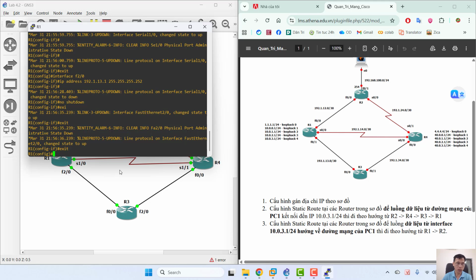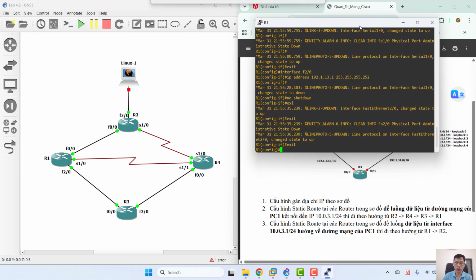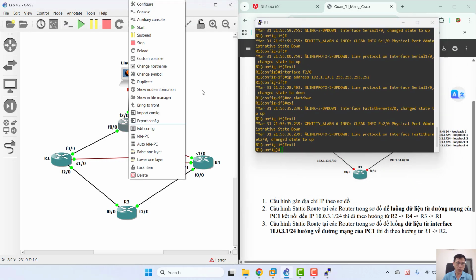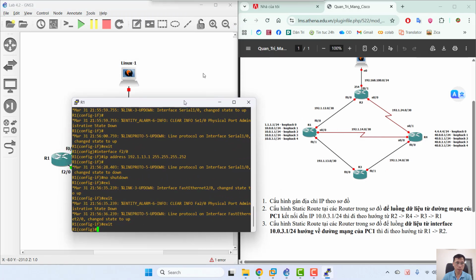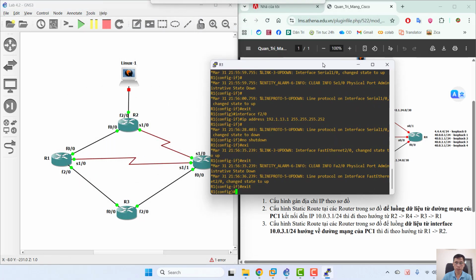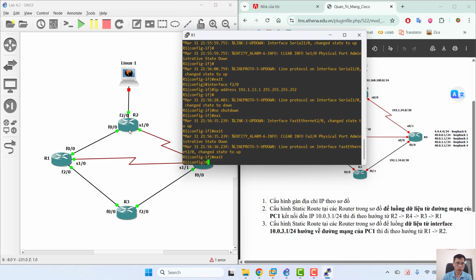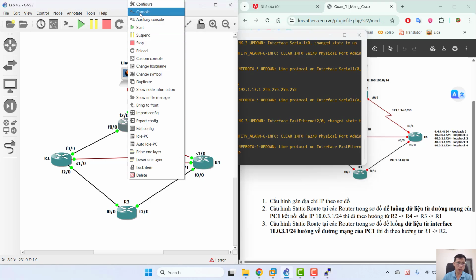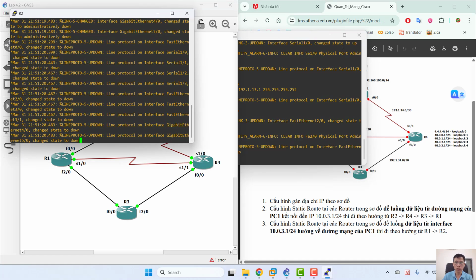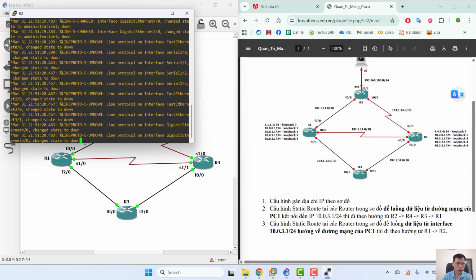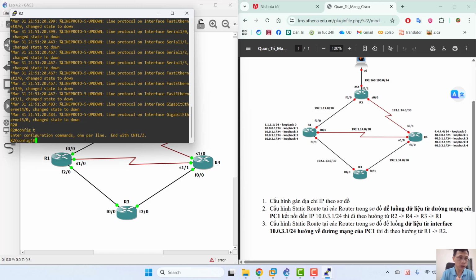Now I go to router number 2, console. Enter several times, config t, enter.